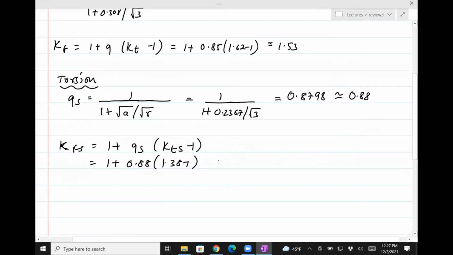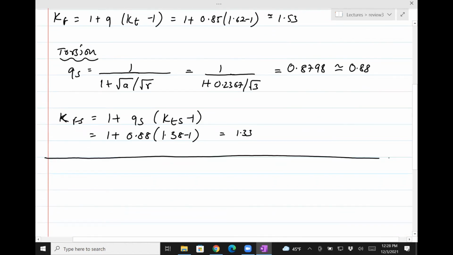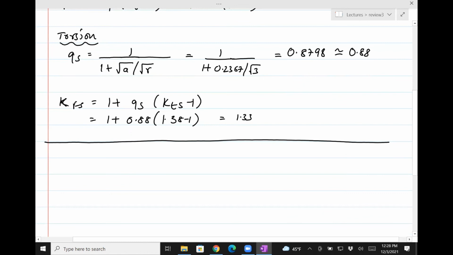Minus 1. So solving for KFS, we get 1.33. Okay, so we have finally computed KFS and KF.